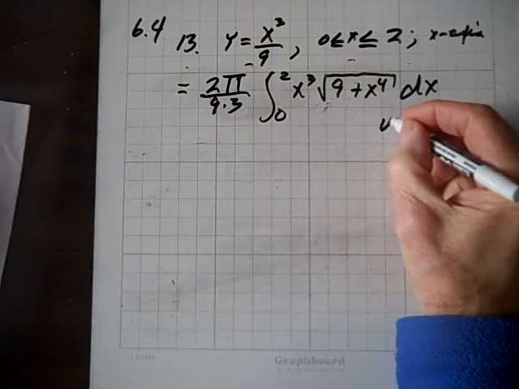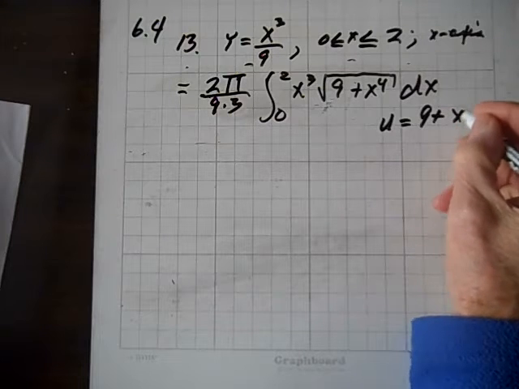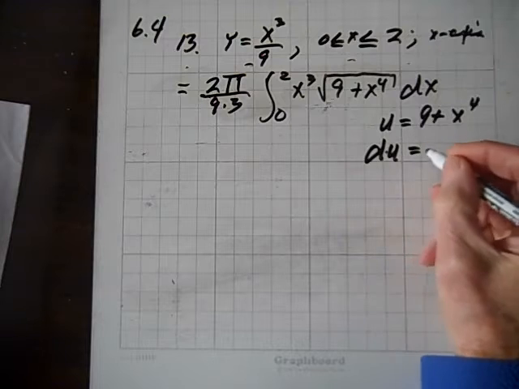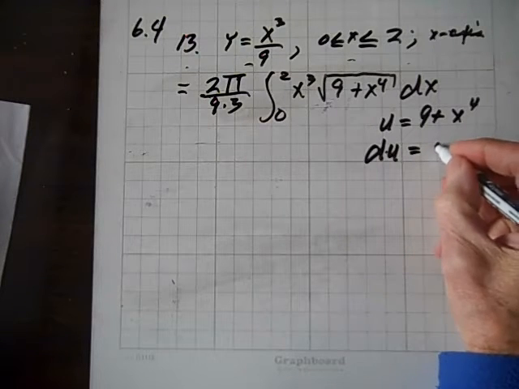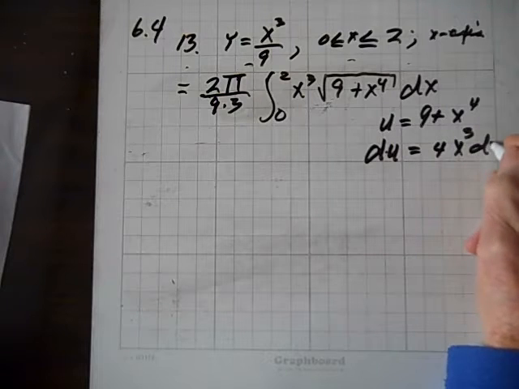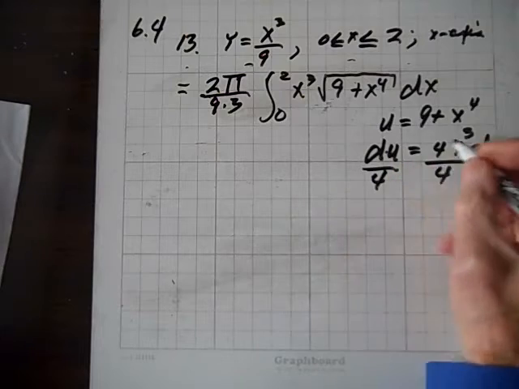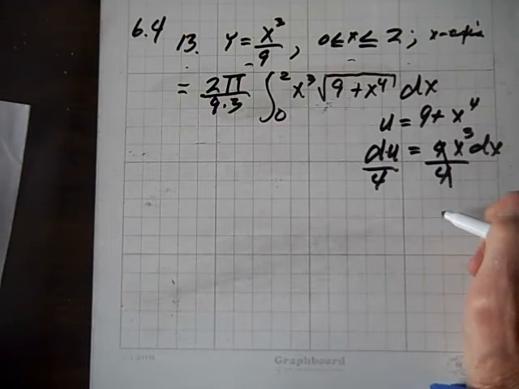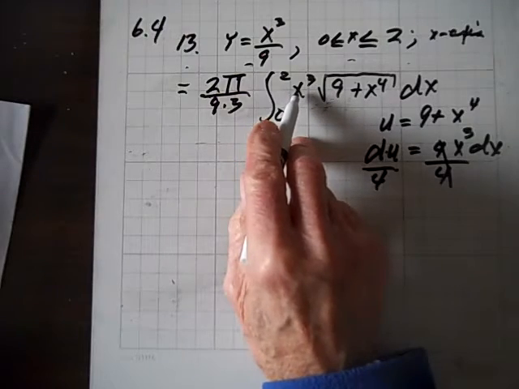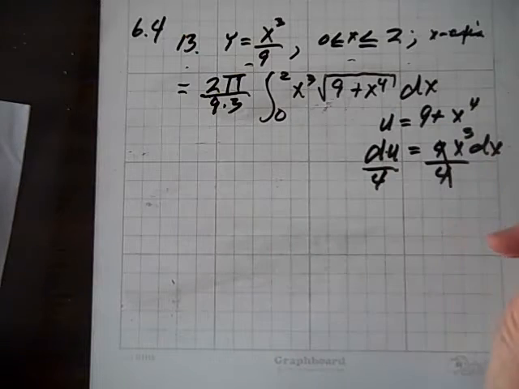So I'm going to let u equal 9 plus x to the 4th. So du equals 4x cubed dx. So we'll divide both sides by 4. And notice we have a perfect fit there.